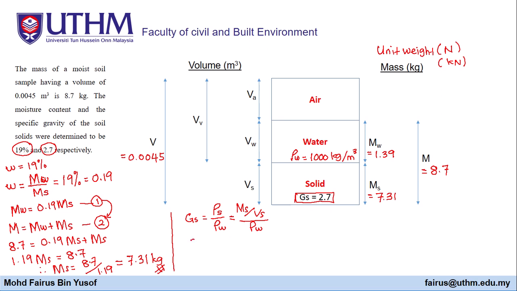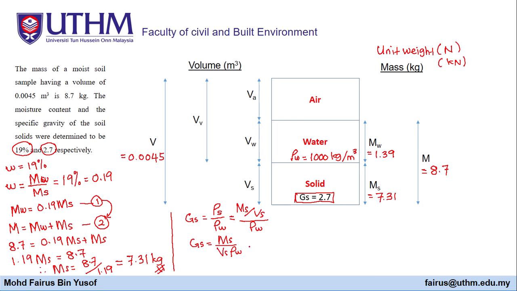And this equation becomes like this if we simplify: MS over VS rho water. But actually we want to calculate what is VS, right? So we change the position of VS.